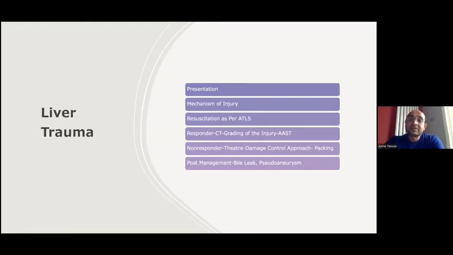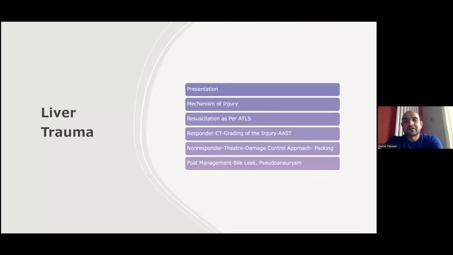We usually admit them in the high dependency unit for hourly monitoring. We do serial hemoglobin with arterial blood gas, and then we assess them every hour under the trauma team. Usually these people tend to stop bleeding, but if at any point they become unstable, rather than waiting for another CT, resuscitate them and take them to theatre.